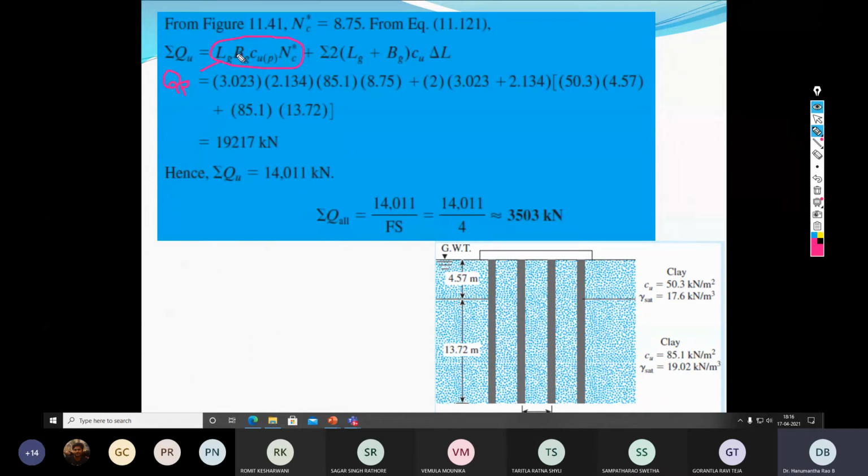Your AP is nothing but LG by BG, and Cup. Since it is a point bearing capacity, your Cup is 85.1. LG is 3.023, BG is 2.134, and Cup is 85.1, because the pile is resting on clay whose Cu value is 85.1. Then NC star is picked up as 8.75.